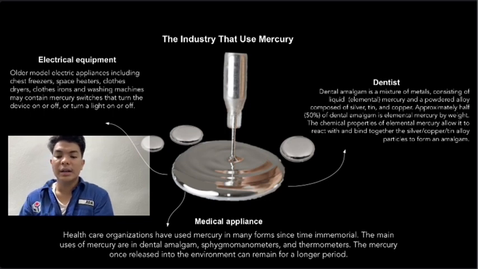The last one is medical appliances. Healthcare organizations have used mercury in many forms since time immemorial. The main uses of mercury are dental amalgam, sphygmomanometers and thermometers. Mercury, once released into the environment, can remain for a long period.